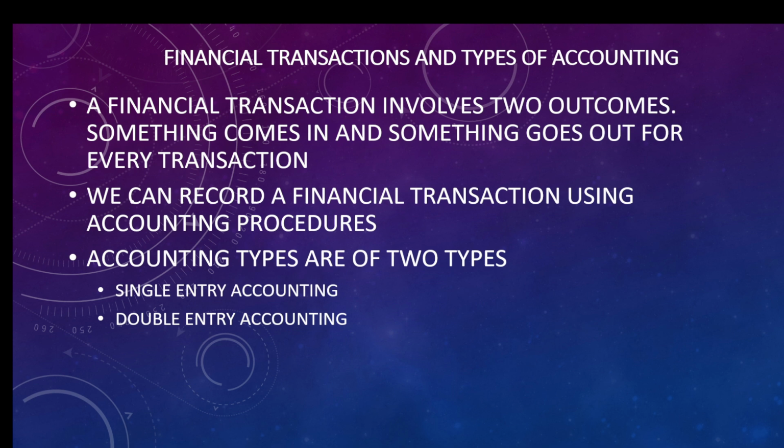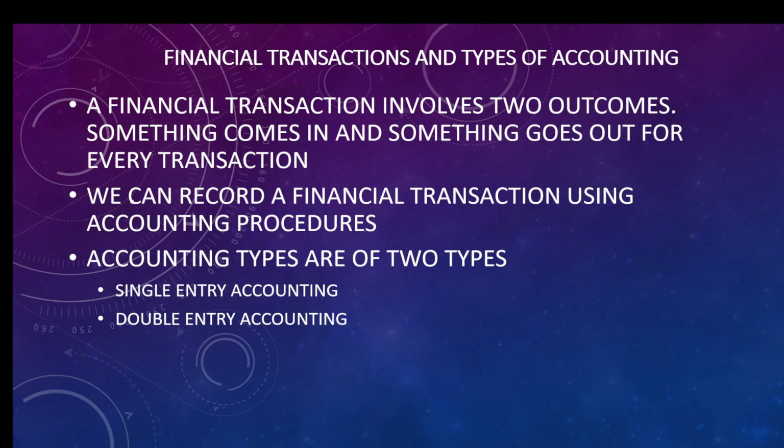Without that, a financial transaction is not complete. So that's the reason we have to record a financial transaction using a standard procedure. There are two types of recording a financial transaction. One is called single entry accounting, and the other is called double entry accounting.